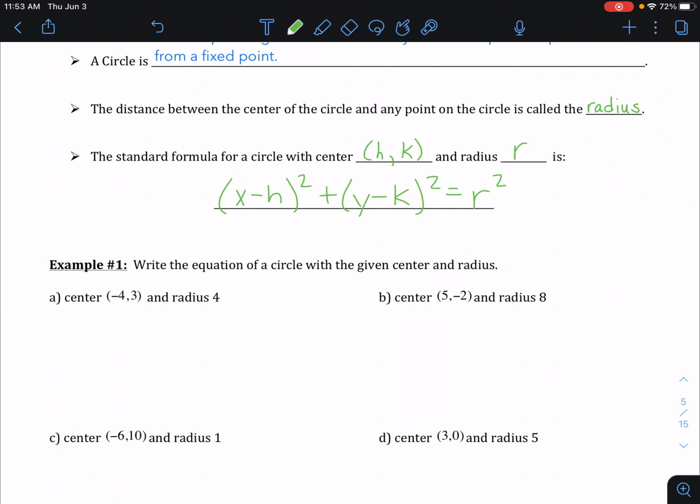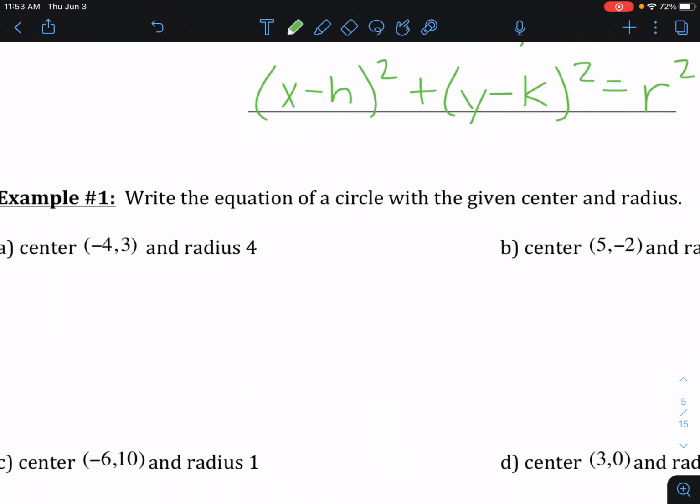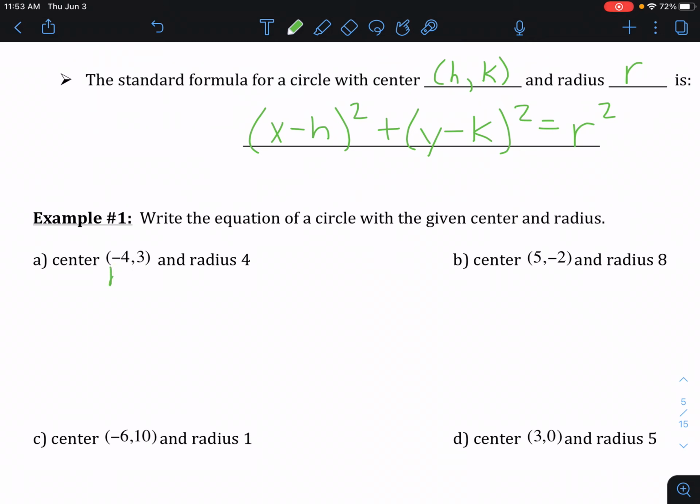Our goal is to write the equation of a circle with the given center and radius. So here, we're going to use the formula. So the center is my h and k, and then of course radius is 4. So the formula starts with x minus h, so I'm going to put x, and then I have a double negative for 4, so I'm going to change that to a plus.